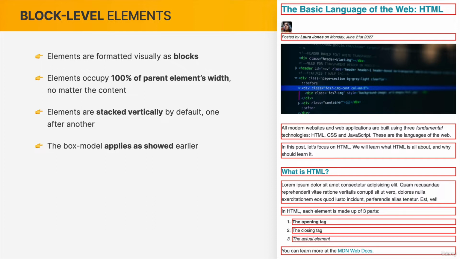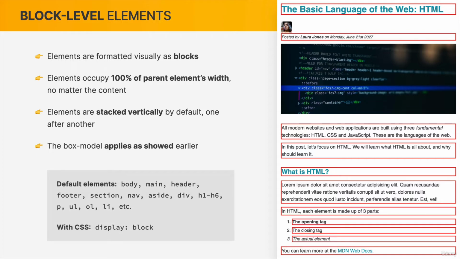But it is still a block level element because then they can be stacked vertically one after another by default. Now, one thing that is very important to mention is that the box model applies exactly as I showed you before to block level elements, while the same is not true for inline elements, as we will see in a second. Okay? Now, by default, most of the HTML elements are actually block level elements.